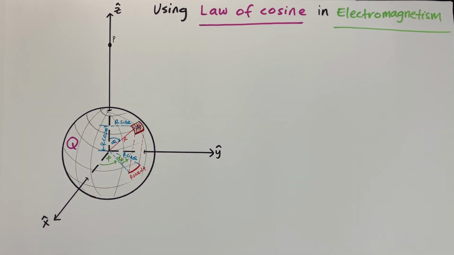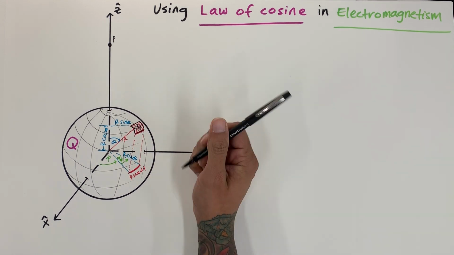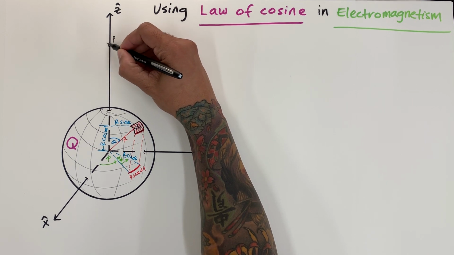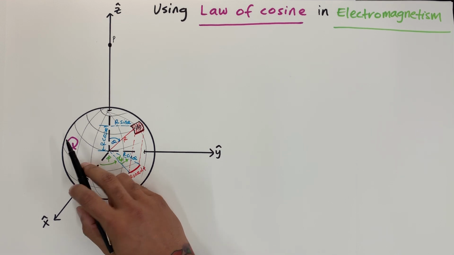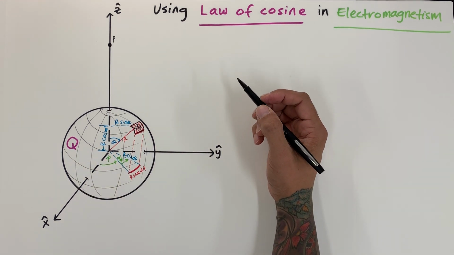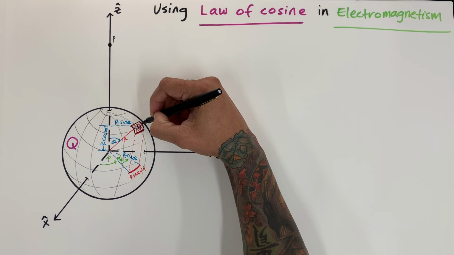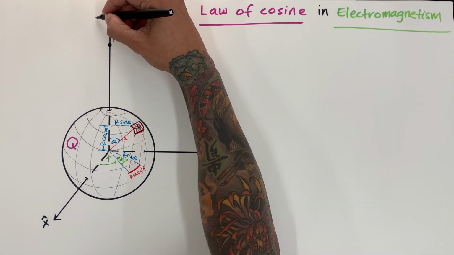Okay, so now let's do the part where we can use law of cosines for electromagnetism. So we want to calculate the electric field at this point away from this sphere that has this charge on it. Okay, so what we're going to do is we're going to connect a line from dA, our differential area, all the way through into this direction.